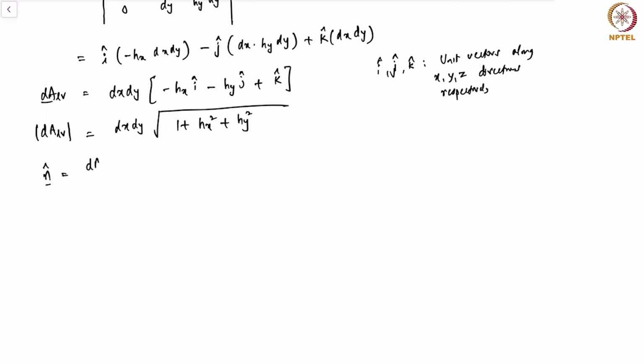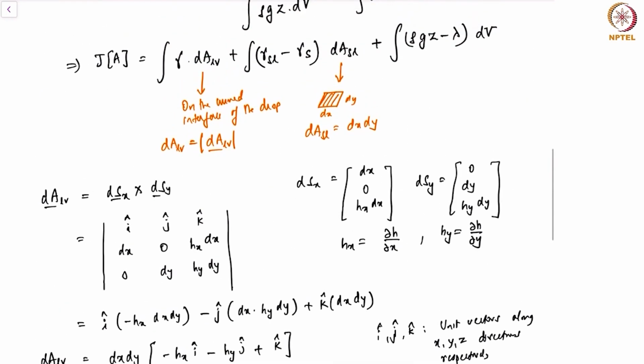It's just dA liquid vapor divided by the magnitude of this quantity, which is just minus hx i hat minus hy j hat plus k hat divided by the square root of 1 plus hx square plus hy square, right?